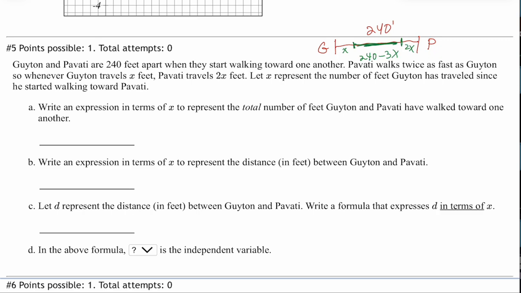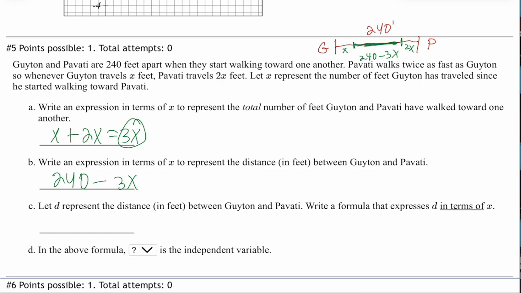So an expression in terms of x to represent the total number of feet that Guten and Pavati have walked toward one another: Guten has walked x, Pavati has walked 2x, for a total of 3x. So this is what you would enter. The expression to represent the distance in feet between them is the 240, take off the 3x that they've walked inward. That's what they would want there.